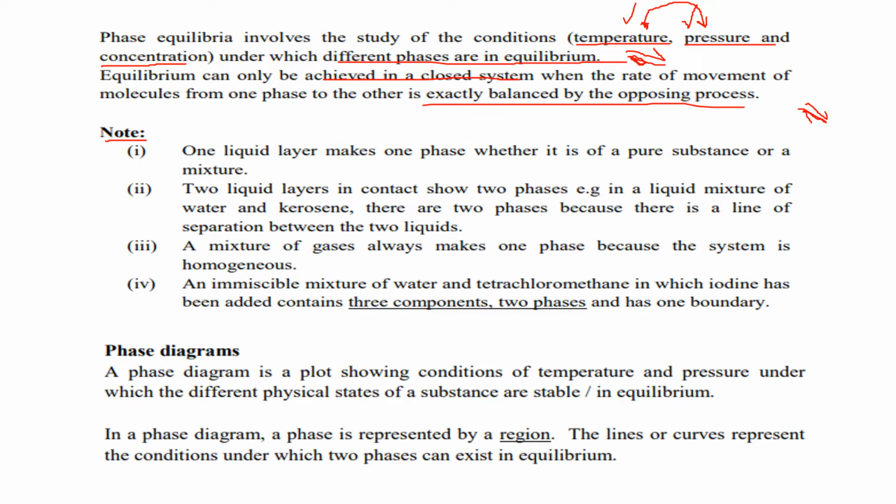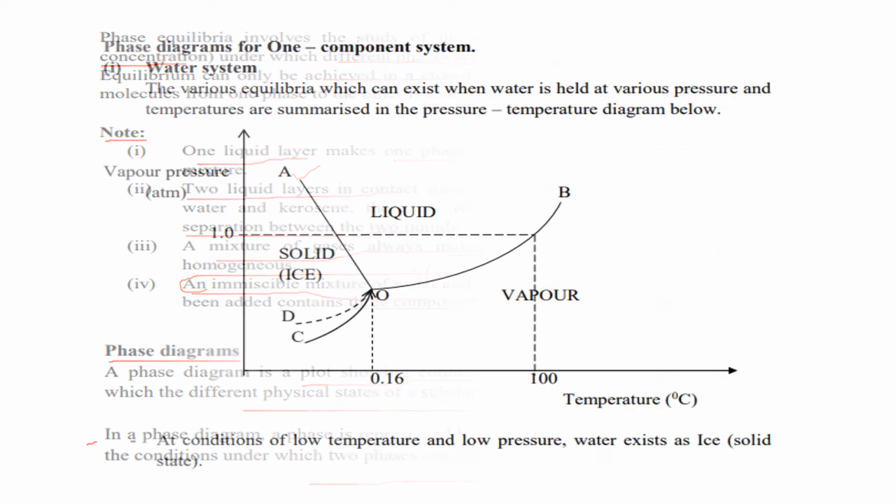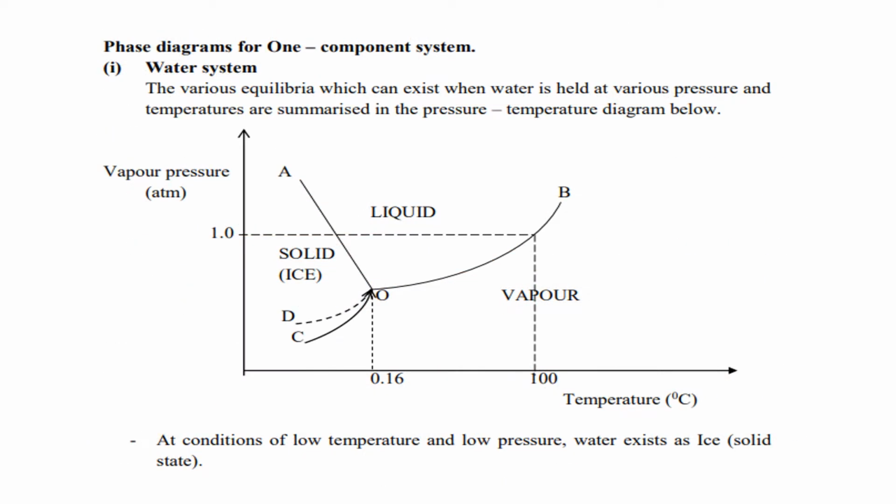Now let's begin with the phase diagram of the one component system. And here we are going to look at three systems. We are going to look at the water system, the carbon dioxide system, and the sulfur system.